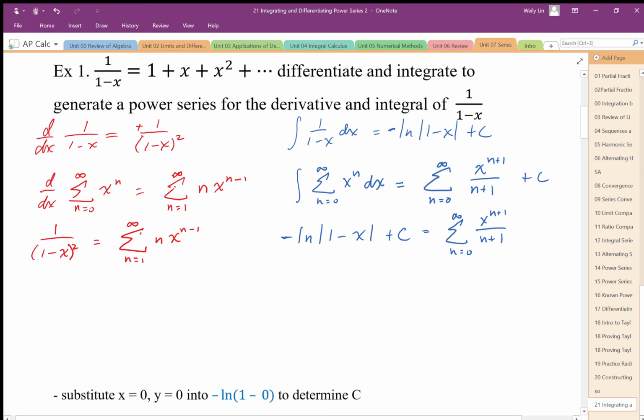In this case, if we give an initial condition, we can actually solve for c. So if I plug in x equals 0 into negative log of 1 minus 0 plus c, we can actually solve for c. C just works out to be 0 in this case.